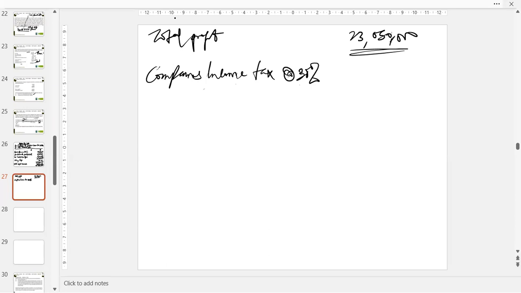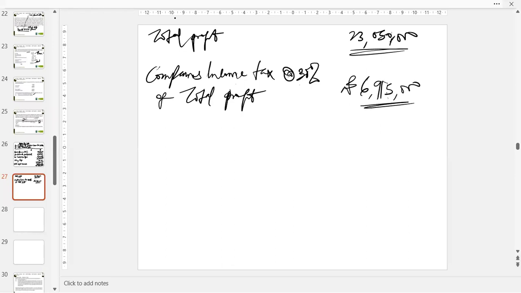So company's income tax is 30% of total profit, or chargeable profits. What do we have? 30% of 23,050,000. We have 6,915,000.